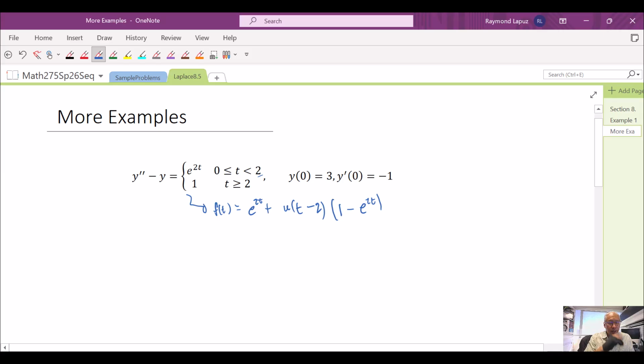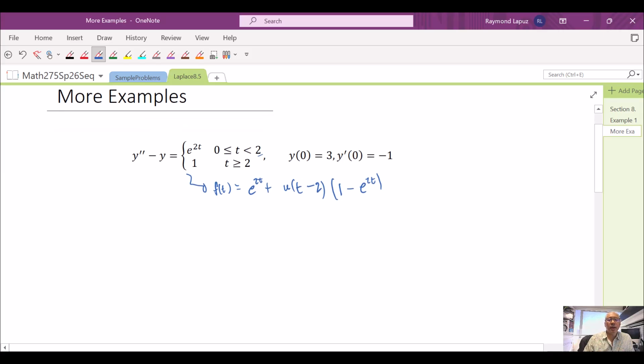Now we're going to need to transform this, and what we need out of the functions being multiplied with the step function is that we need to have the same shift. We need a t minus 2 in here. Now this is constant 1, that's not a big deal.